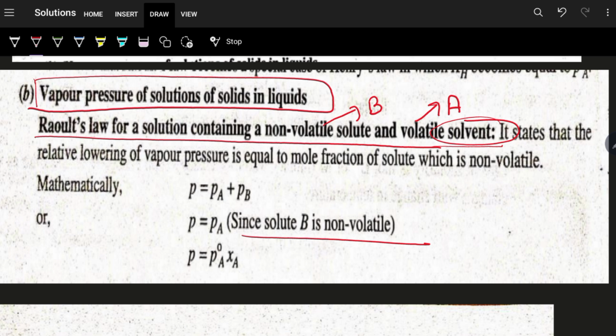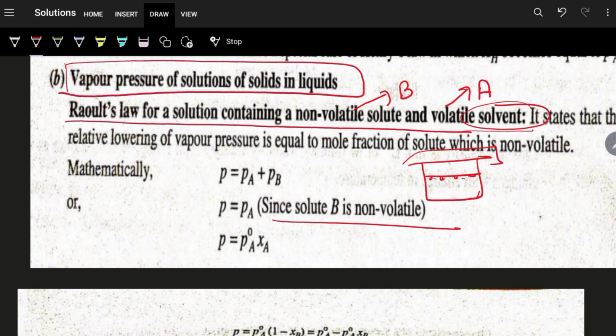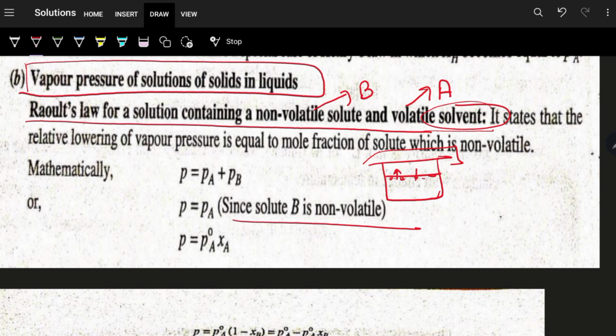Don't you think that if I add a non-volatile solute, there will be a lowering of the vapor pressure? The non-volatile solute will be occupying the surface of the liquid, and so fewer solvent particles will go to the vapor phase. So there is a net lowering of the vapor pressure on account of the non-volatile solute that is getting added.